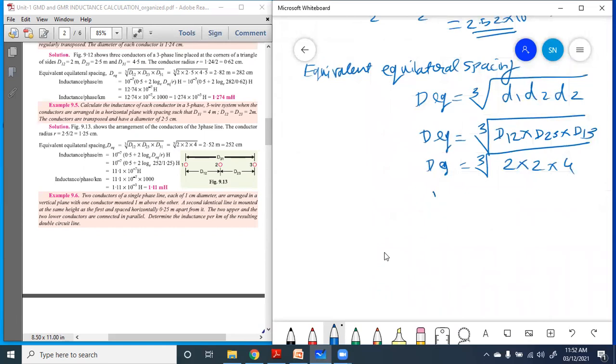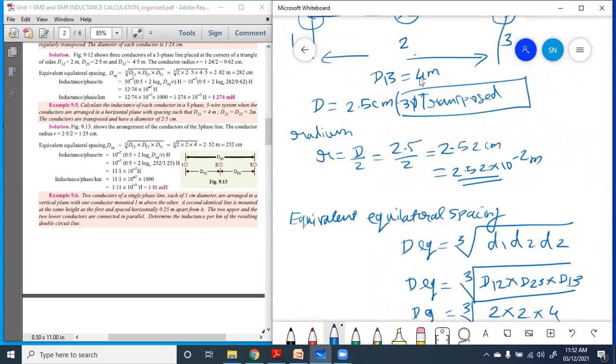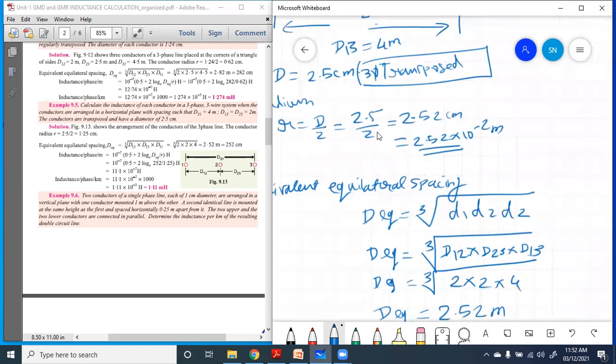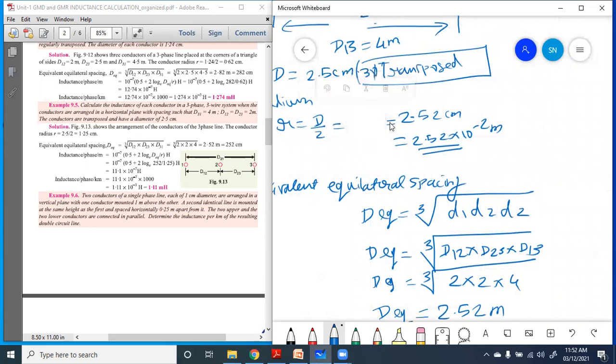Then we get D equivalent equal to 2.52 meter. In the previous step, what I wrote for the radius of the conductor becomes wrong.